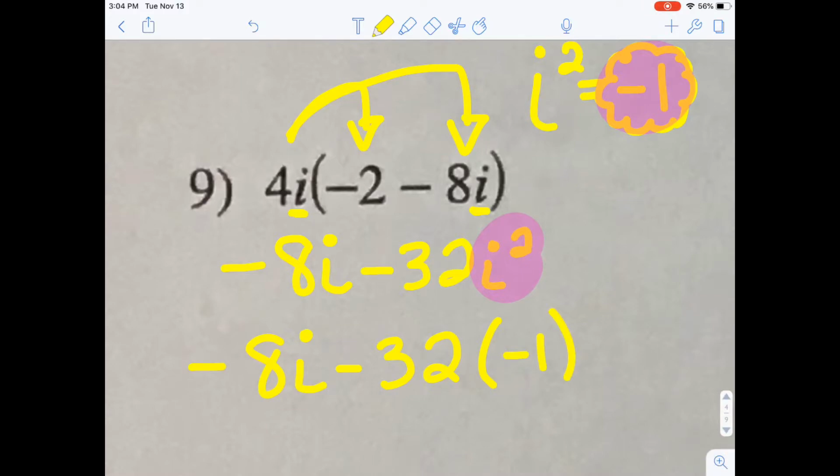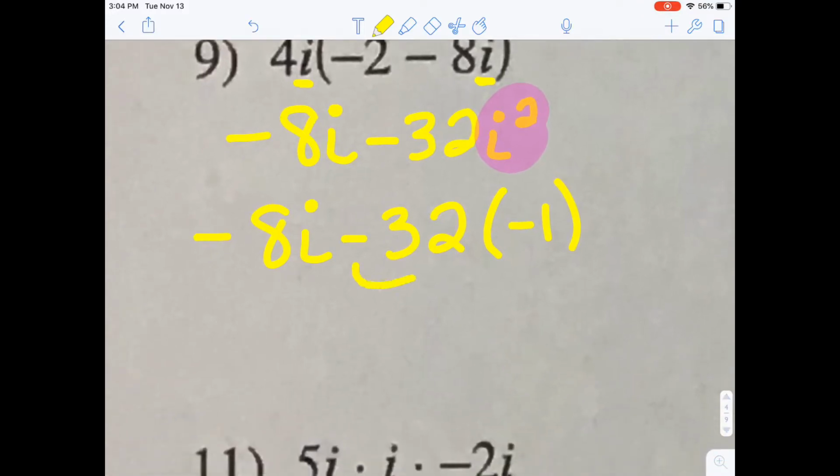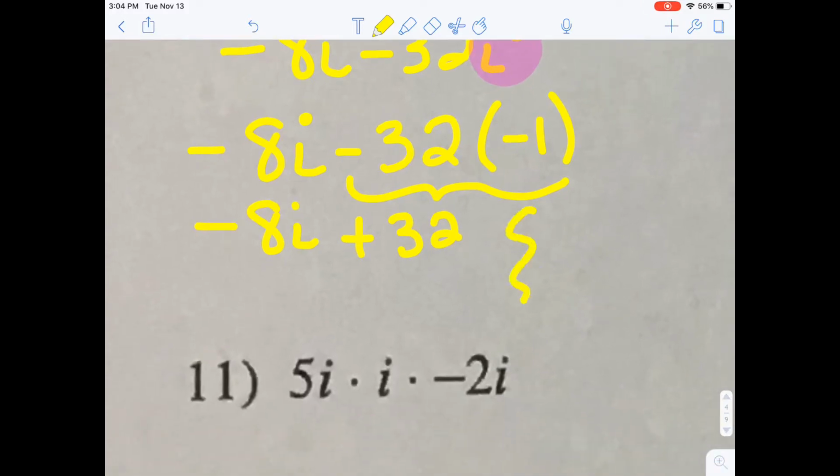See how I'm substituting the value of i squared? -32 times -1, that's positive 32. Bring down the -8i, but we actually want to write the real number first and then the imaginary number second.